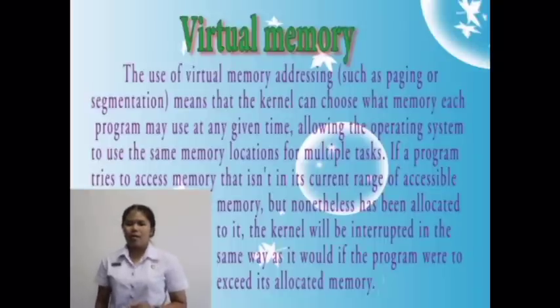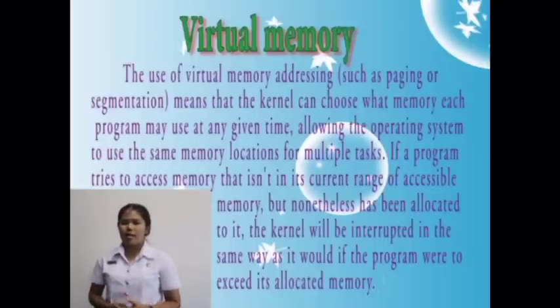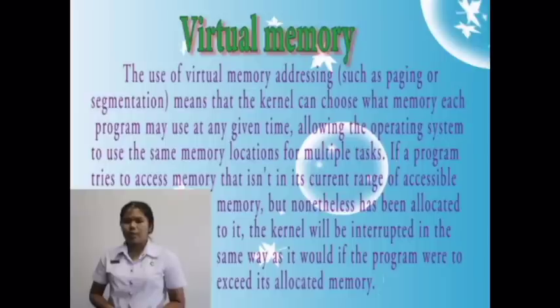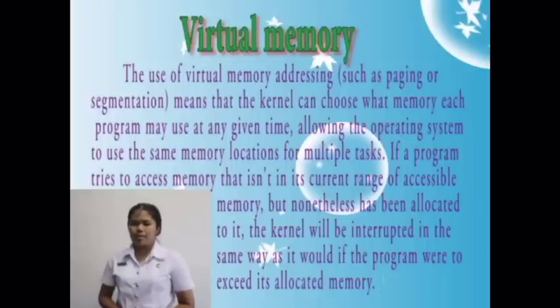Virtual memory. The use of virtual memory addressing, such as paging or segmentation, means that the kernel can choose what memory each program may use at any given time, allowing the operating system to use the same memory location for multiple tasks.